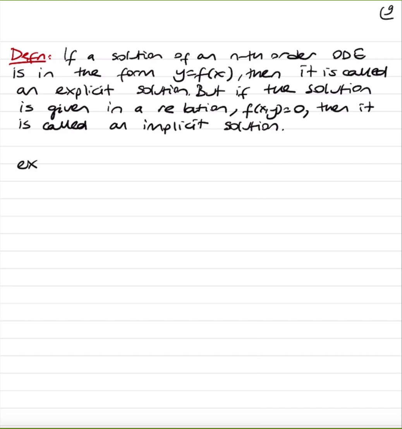Let me give an example. For example, y is equal to f of x is equal to 2e to the power minus 3x plus 4e to the power x is an explicit solution.